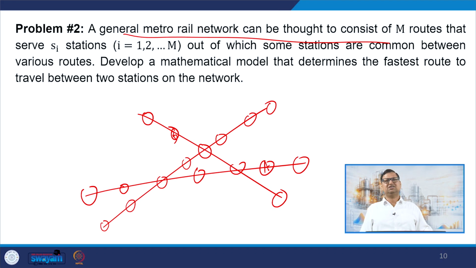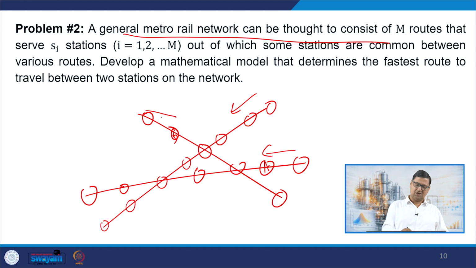What is the fastest route to get there? I can find distances and I can do that, right. And I can probably know the frequency of trains on each of the routes, how frequently the trains are running, where I can have these connections between the two trains, right.